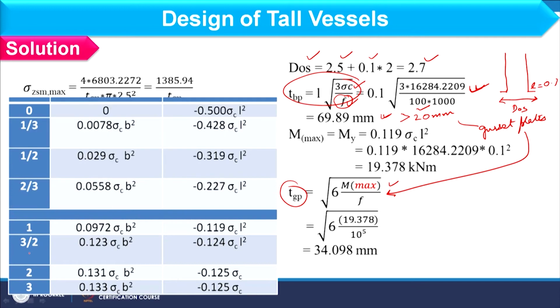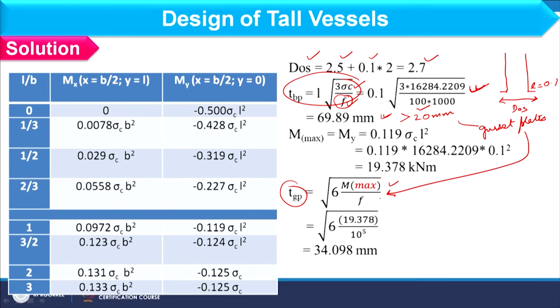So, how I can choose this value? You can refer this table where L by B is given. Now, if you see this problem here, L by B is given as 1, okay. So, we have to choose maximum of Mx or My. If you compare these two expressions, so My will be maximum, and that I can choose over here, okay.